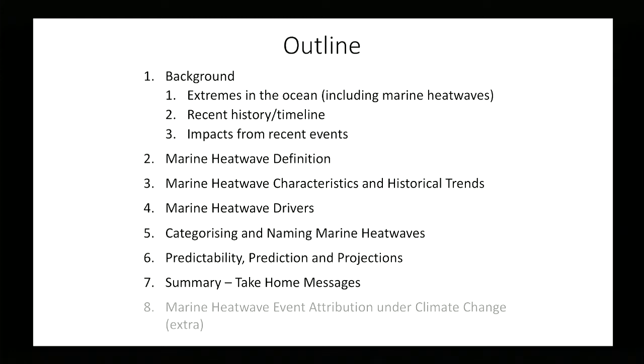I'll say something about characteristics and historical trends, some brief thoughts on marine heat wave drivers, and most recently some work on categorising and naming marine heat waves. In the context of what Hamish was talking about with tropical cyclones, how do you categorise or name individual events so that you can get a sense of the geography or the history of individual events, rather than just that it happened on a certain day and time. And then just a bit of a summary.